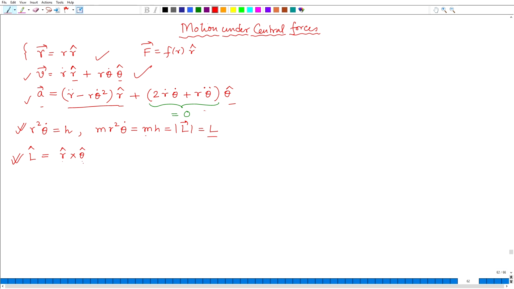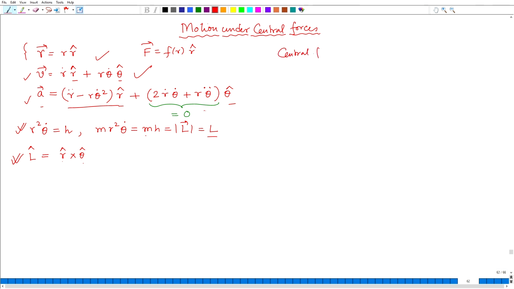Now, what we have not yet discussed is the energetics part under a central force motion, and as you will see, this is also very interesting. We have already somehow discussed that a central force is by definition a conservative force field.